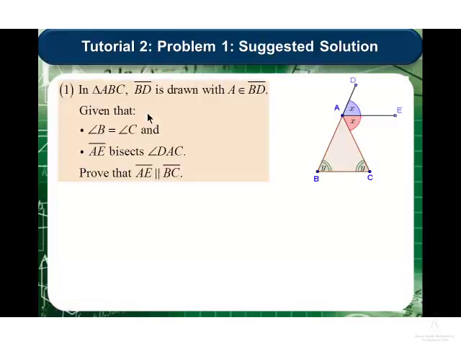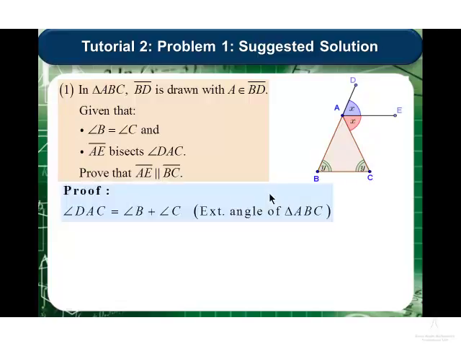Let us have a look at the suggested solution for problem 1 of tutorial 2. Here we have the problem again. In this case we have to prove that line segment AE is parallel to the line segment BC.